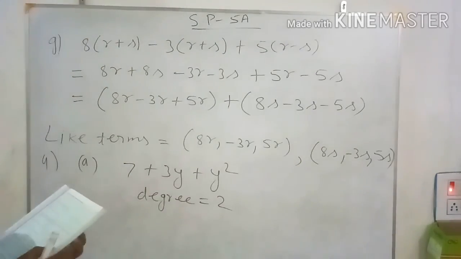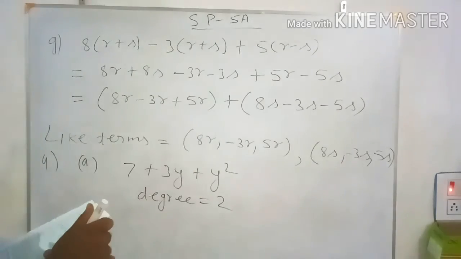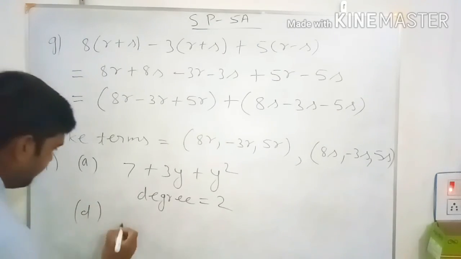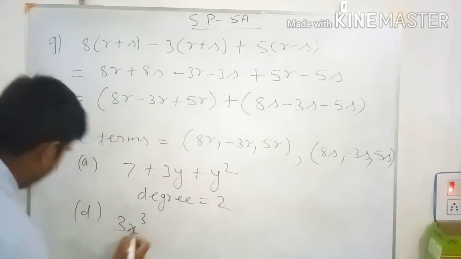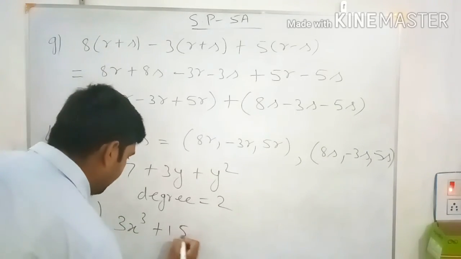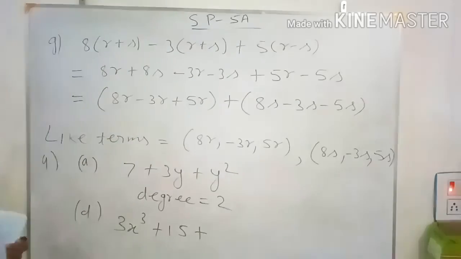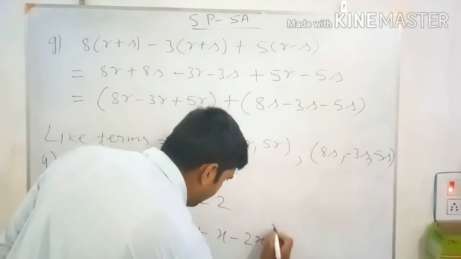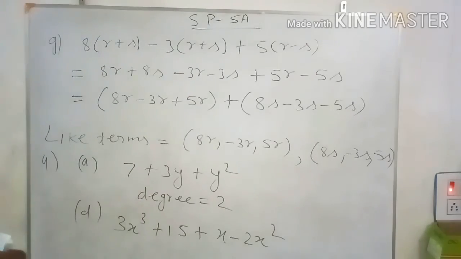Next we can see question D: 3x cube plus 15 plus x minus 2x square.